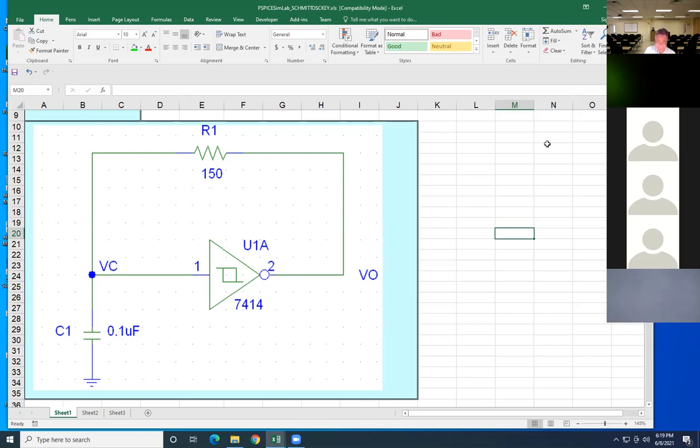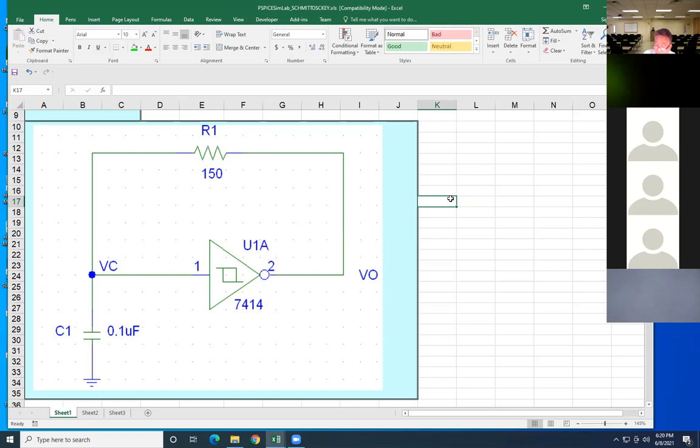You're using the formula 1 over 1 minus delta V over E. Can you say that again?